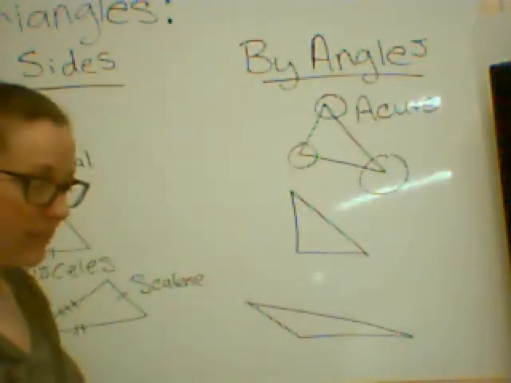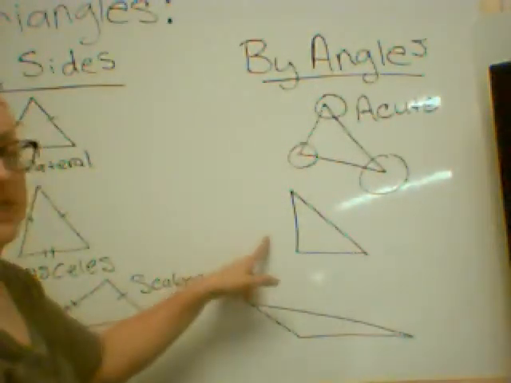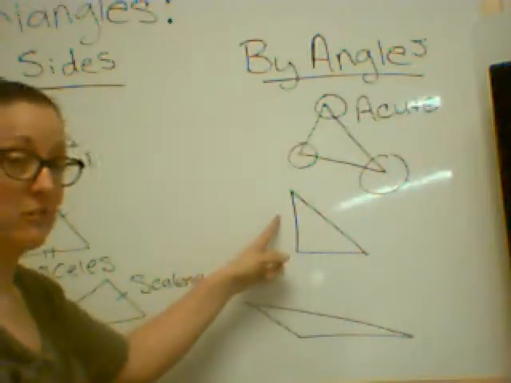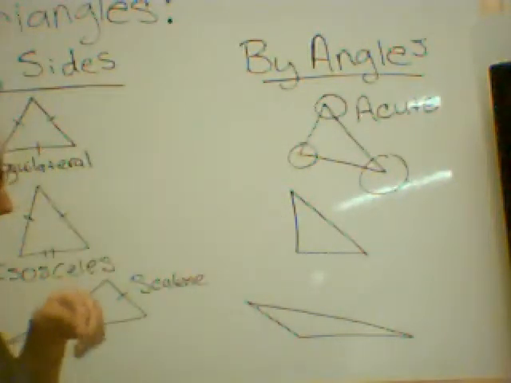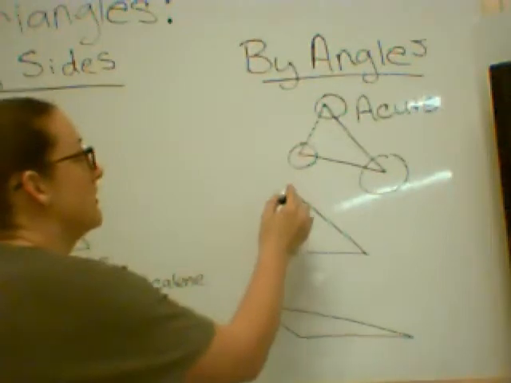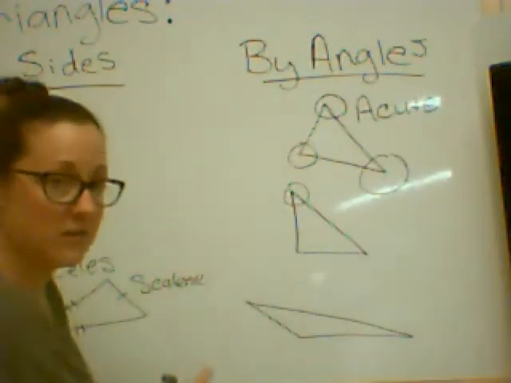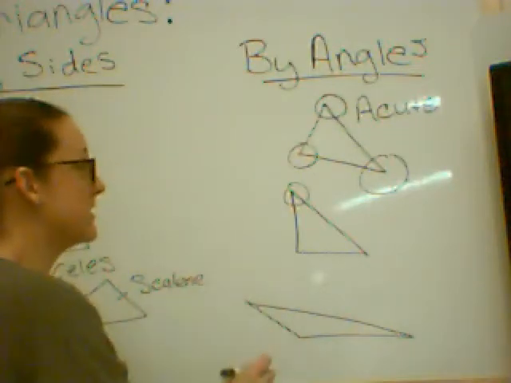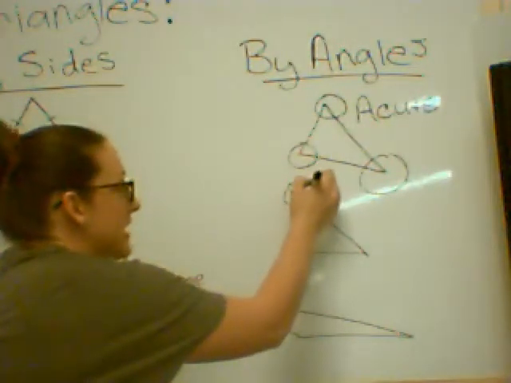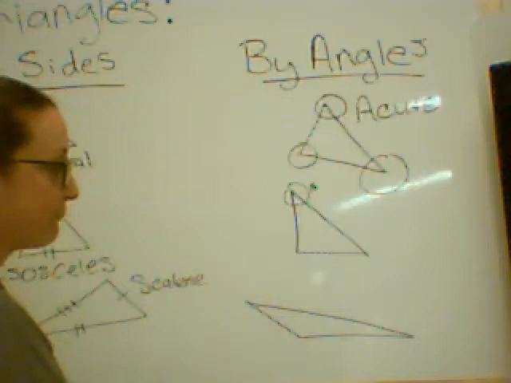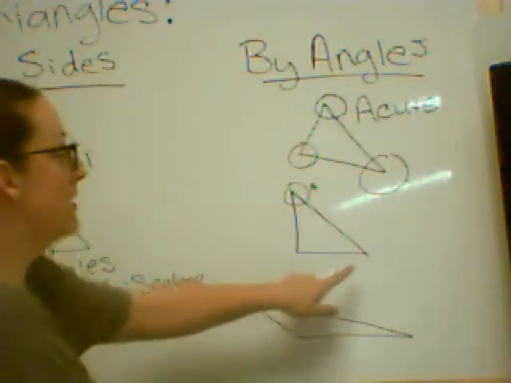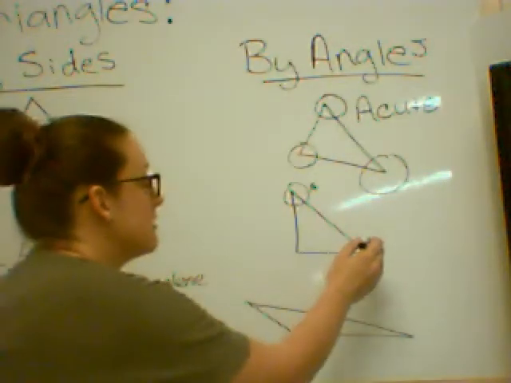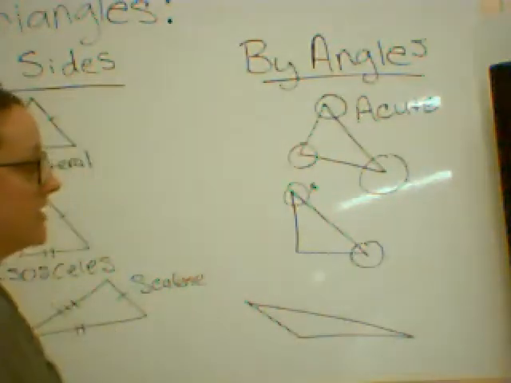Okay. Good job. Our next one here, it has 3 angles as well because it's a triangle. Now we're going to start at the top angle and look at it. What kind of angle is that, Sarah? That's an acute angle as well? Yes, that is. We'll write an A beside it so we can remember, okay? All right, our next angle here, let's circle it and take a look at it.